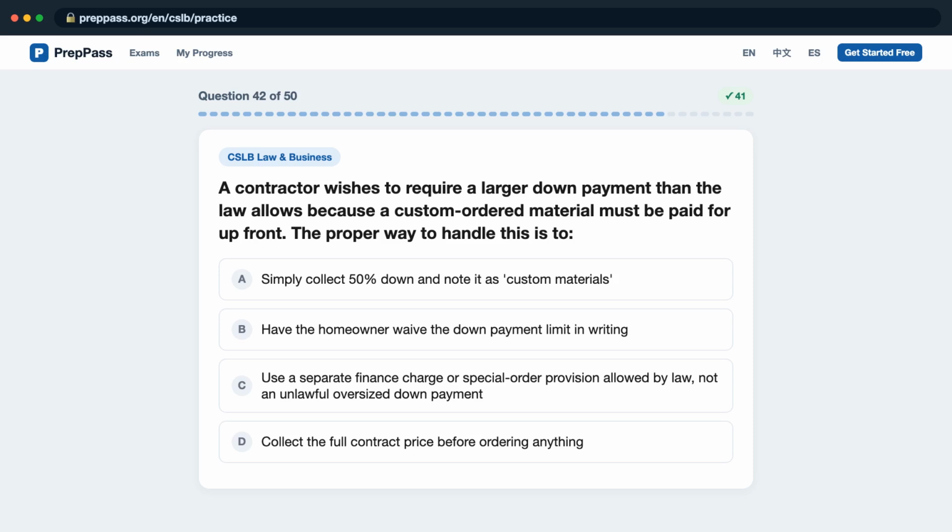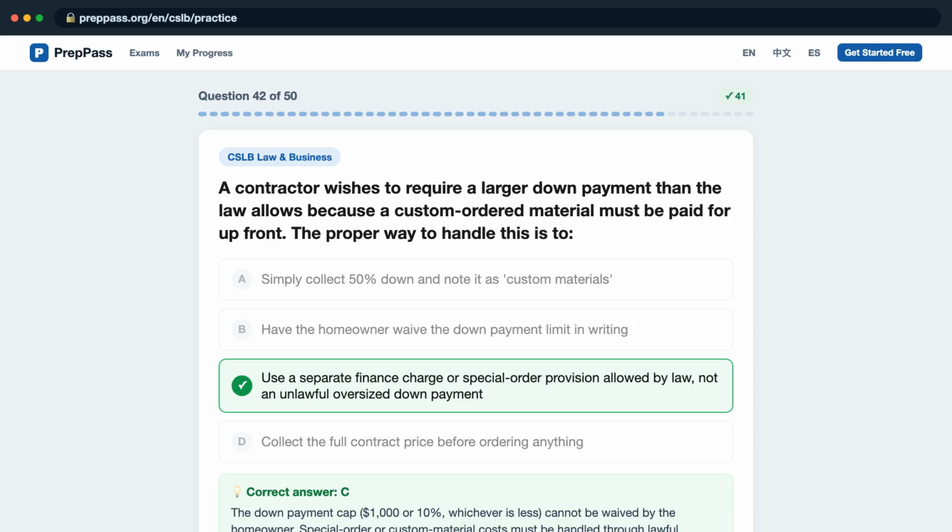D. Collect the full contract price before ordering anything? The correct answer is C. The down payment cap, $1,000 or 10%, whichever is less, cannot be waived by the homeowner. Special order or custom material costs must be handled through lawful contract provisions, not an oversized down payment.